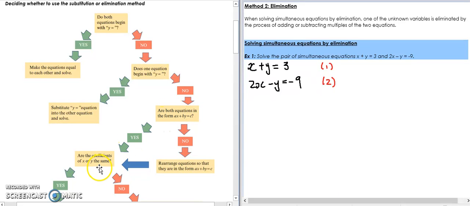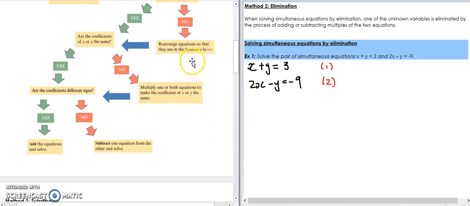Are the coefficients of x or y the same? This is saying, is there a number in front of the variable that is considered the same? Well, in front of the y for both of them, we do have a coefficient of 1. Even though the signs are different, there is a 1 in front of the y and there is a 1 in front of the y here.